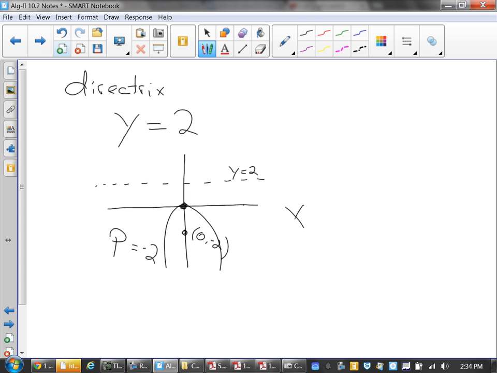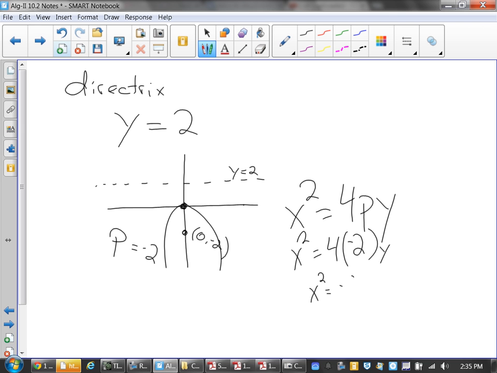So it's going to be x squared equals 4py, and I know what p is. What's 4 times -2? So the equation of that parabola would then be x squared equals -8y.